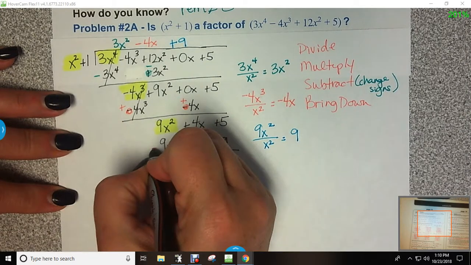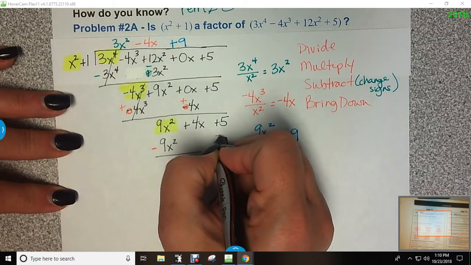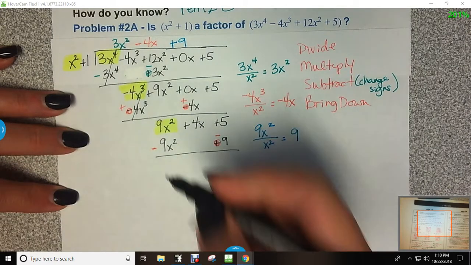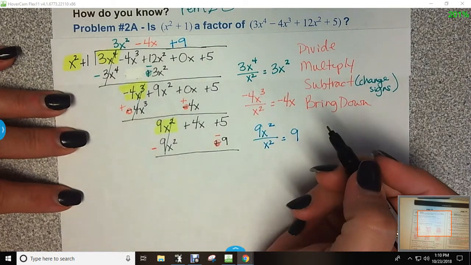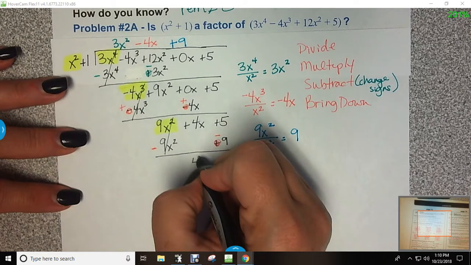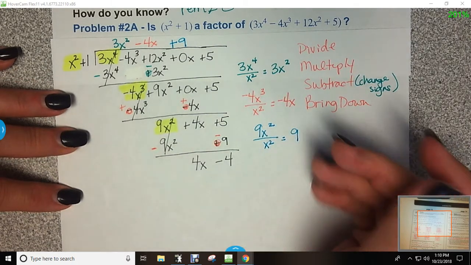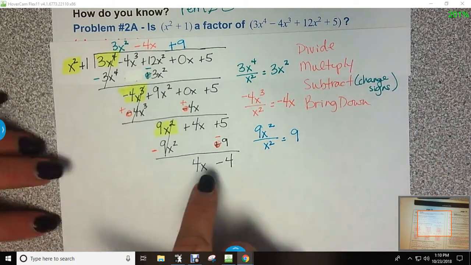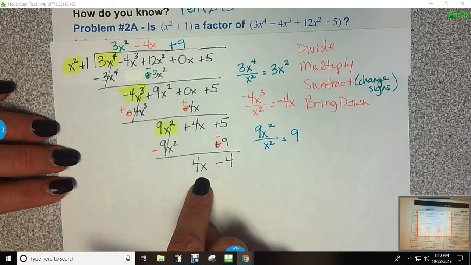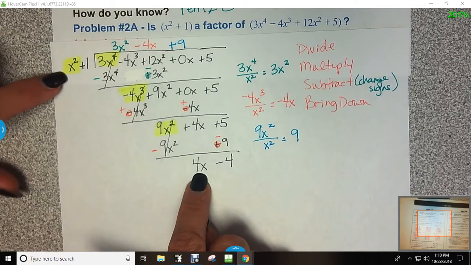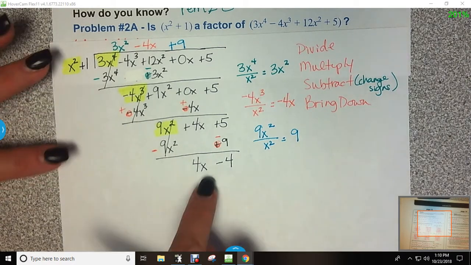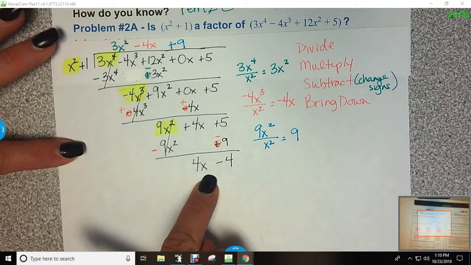Change your signs. Your 9x squareds cancel. I bring down 4x and I get minus 4. To start at the top again, can I do 4x divided by x squared? No. So we're done. This time your remainder is 4x minus 4.